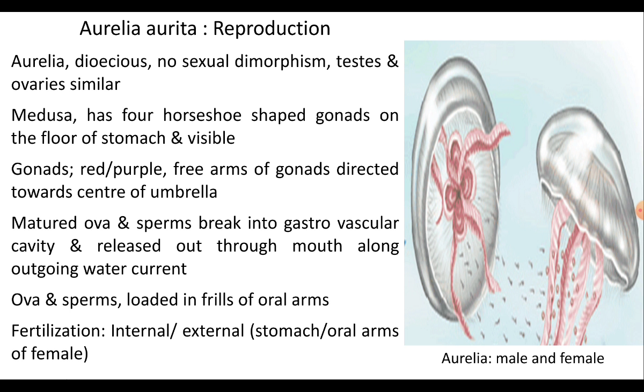The sex organs are the testes and ovaries, which are similar in appearance, which means they look the same. The medusa has 4 horseshoe-shaped gonads lying on the floor of the stomach, one in each gastric pouch. They are reddish violet in color and clearly visible through the semi-transparent jelly of the umbrella.